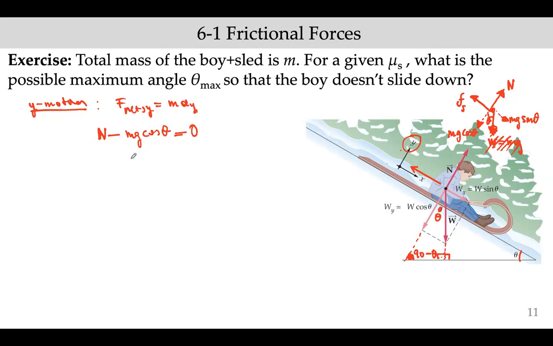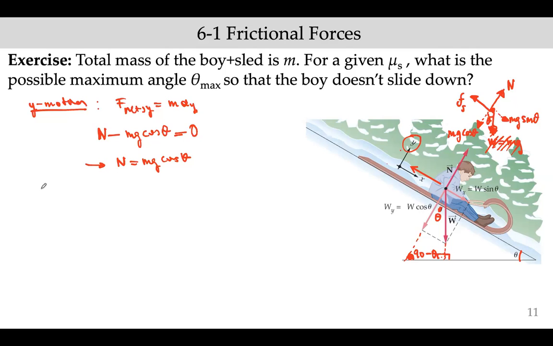Now from this F equals ma, we find the normal force to be mg cosine theta. This is what I was telling you in the previous slides. Normal force is not necessarily mg all the time. There are cases where it is mg, but as you can see in this problem, the normal force is not equal to mg.